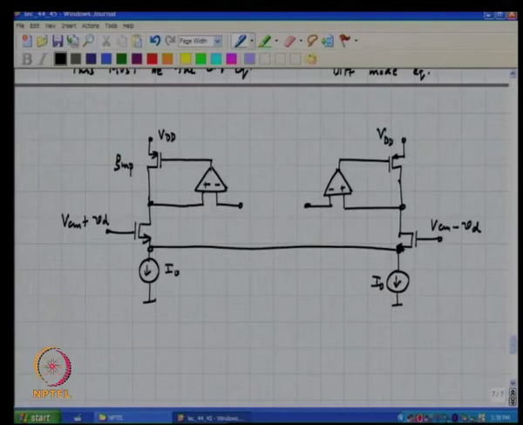All right. Now in the differential mode equivalent, without doubt this terminal is a short circuit for balanced inputs. Now what about the common mode? So as far as the common mode equivalent circuit is concerned, we seem to be doing okay.